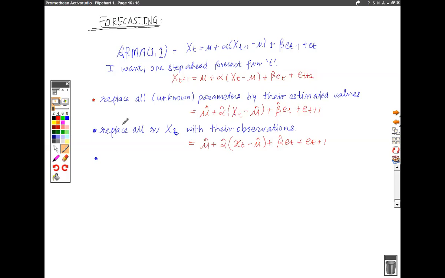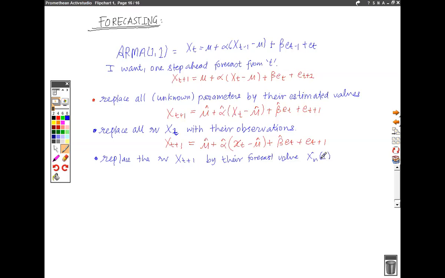So let me just write it as xt plus 1 here. Replace the random variables xt plus 1 here. If you have more variables, these will all be replaced by their forecasted values.